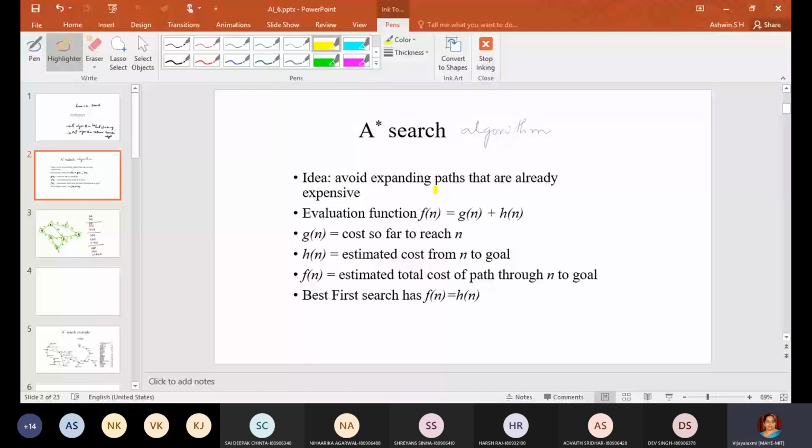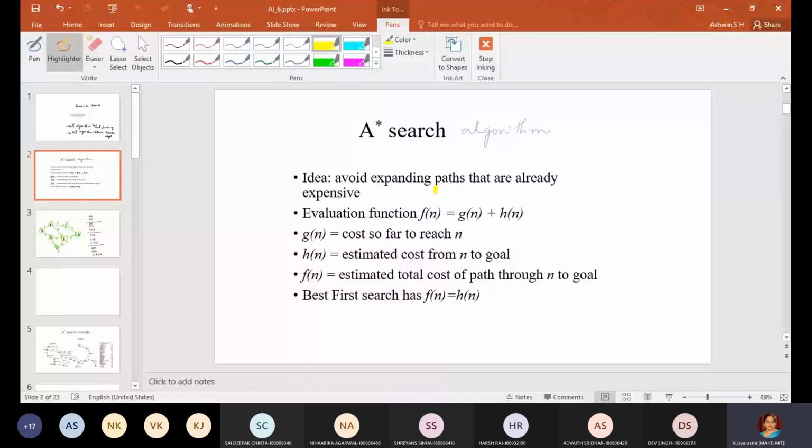See, ultimately what we have is, suppose, a tree or graph, whichever you choose. When you make a traversal, your ultimate aim is to select a path which is not expensive. If this is the start and this is the goal, you have to reach the goal with the minimum cost.